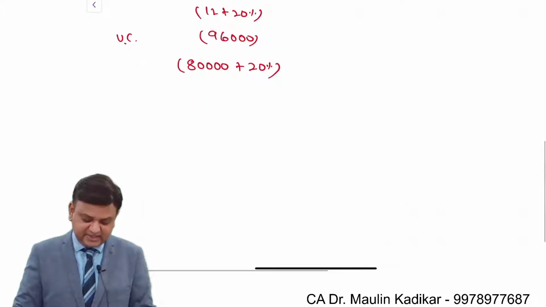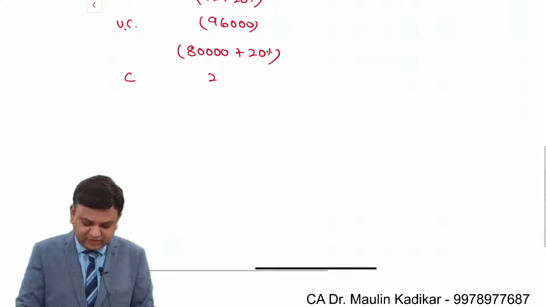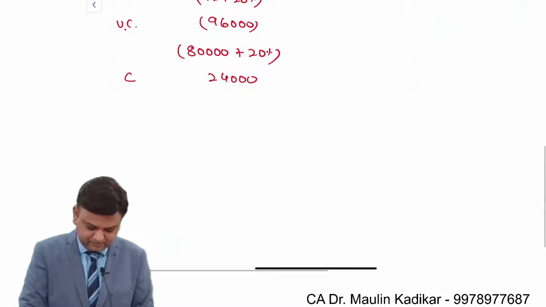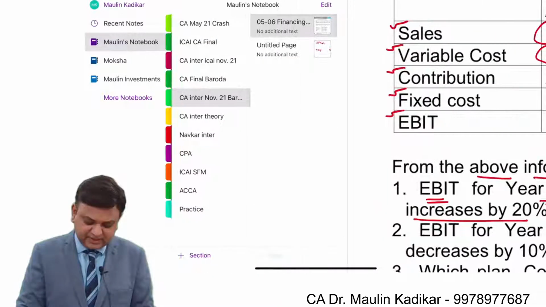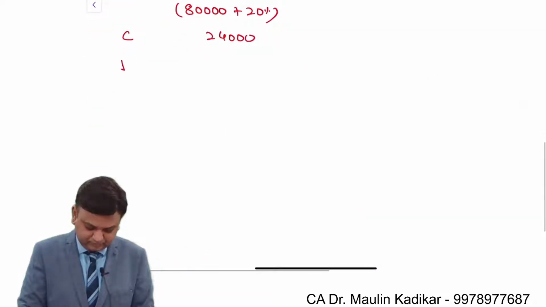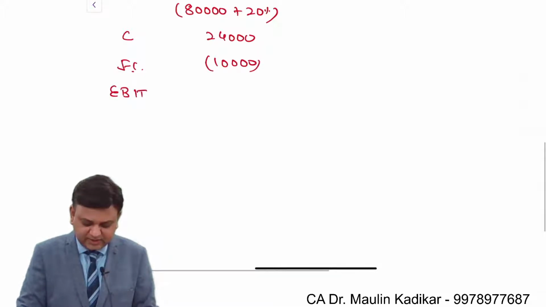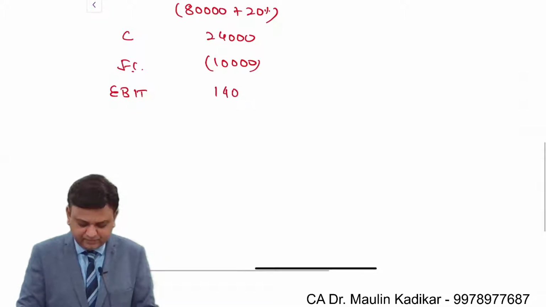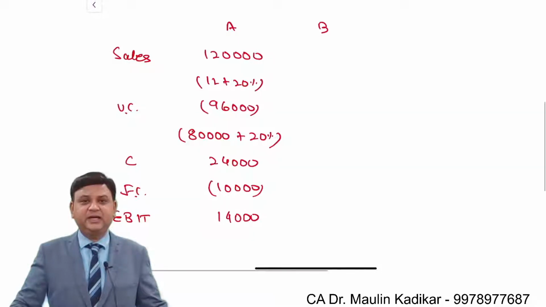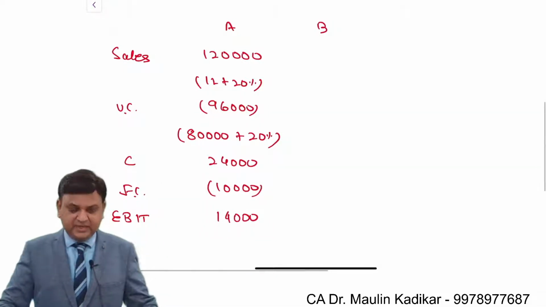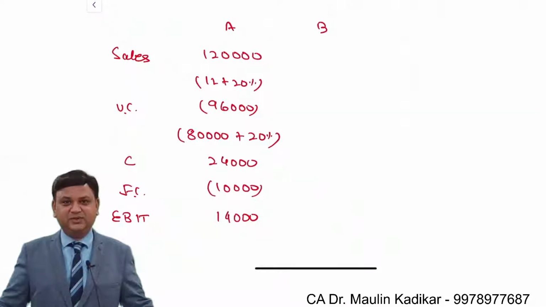So 120 minus 96, that will give a contribution of 24,000. Fixed cost is going to remain same, 10,000. Contribution minus fixed cost is operating income, that is 14,000. So this is the EBIT of plan A in case the sales increases by 20%.